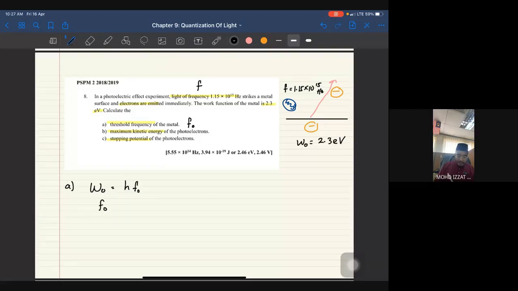So notice that you have a Planck constant over there, H. H in SI is 6.63 times 10 to the power of negative 34. That means you have to use W naught in joule. So 2.3 times 1.6 times 10 to the negative 19. So you have energy in joule.